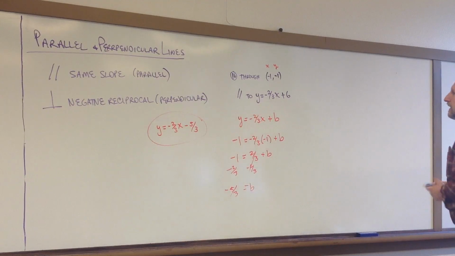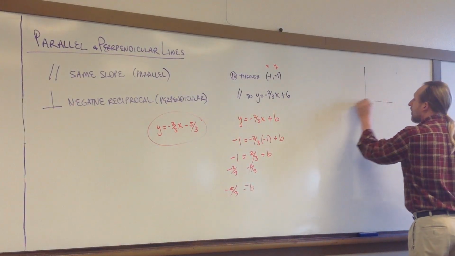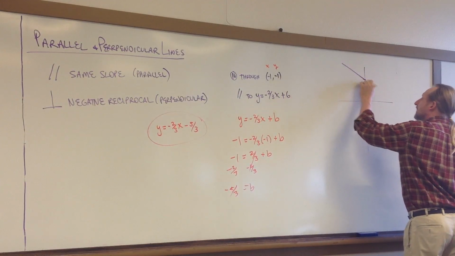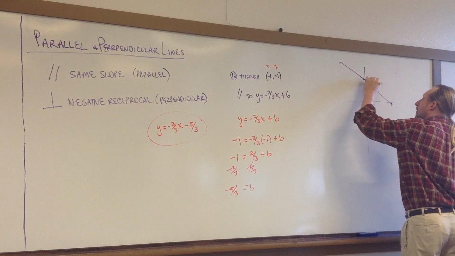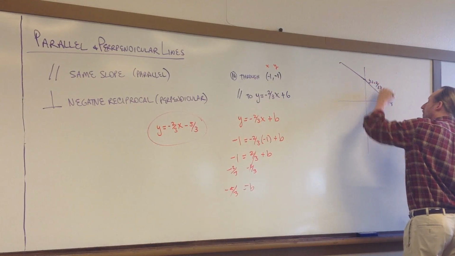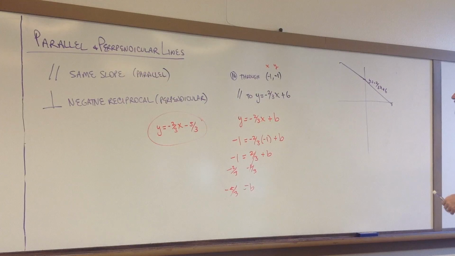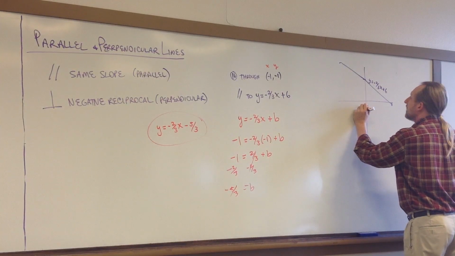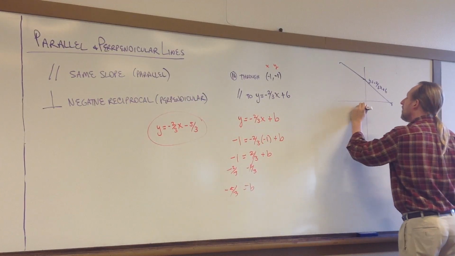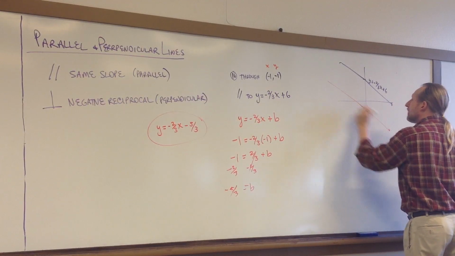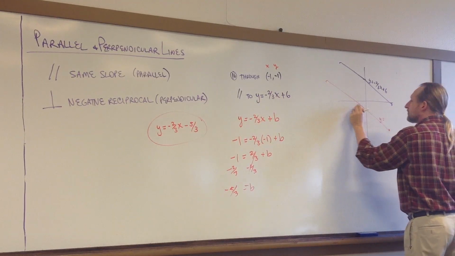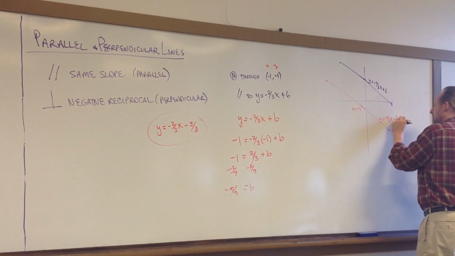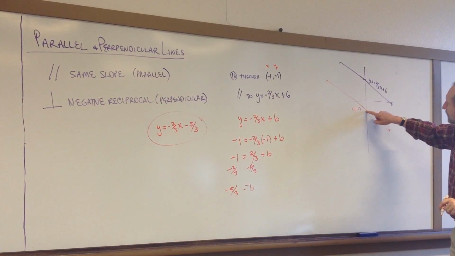Let's see what this looks like on a graph. -2/3 x + 6 is something like this. The other line passes through the point (-1, -1), and if they're parallel, it'll look a little something like this. -2/3 x - 5/3, so that's 1 2/3.